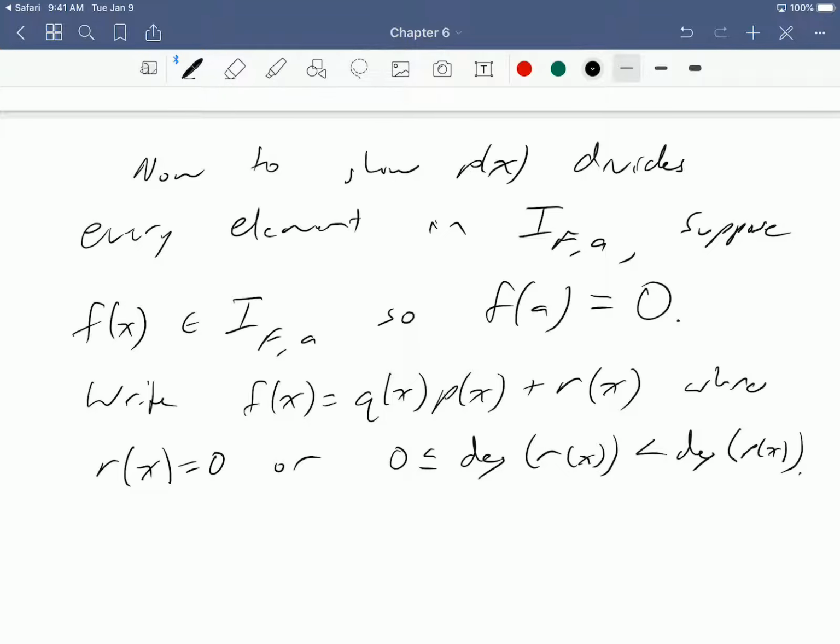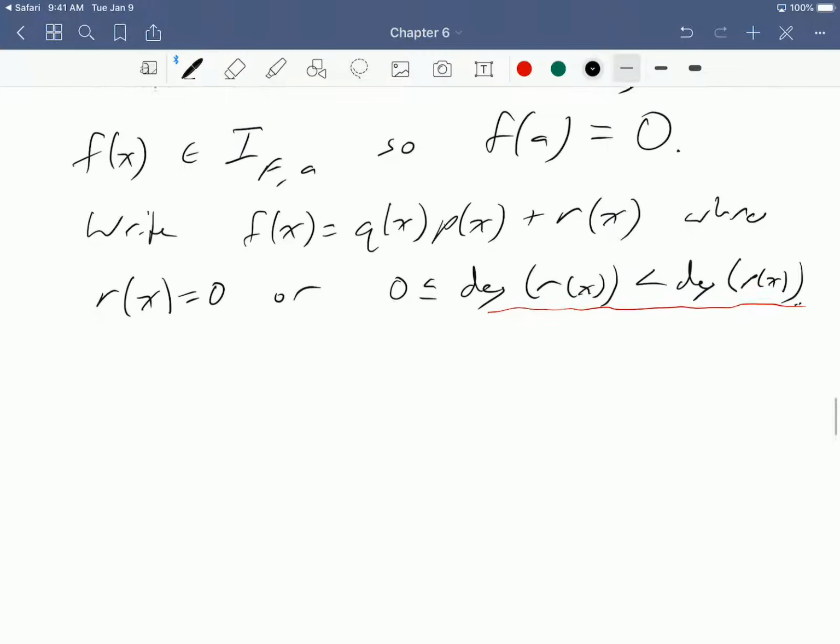And clearly what we want to prove is that r of x is 0. We want to show that f of x is just a multiple of p. And you might see, again, what we're going to run into is that idea that the degree of r is supposed to be less than the degree of p, but p had a minimal degree, right? So let's see if we can unravel that argument.